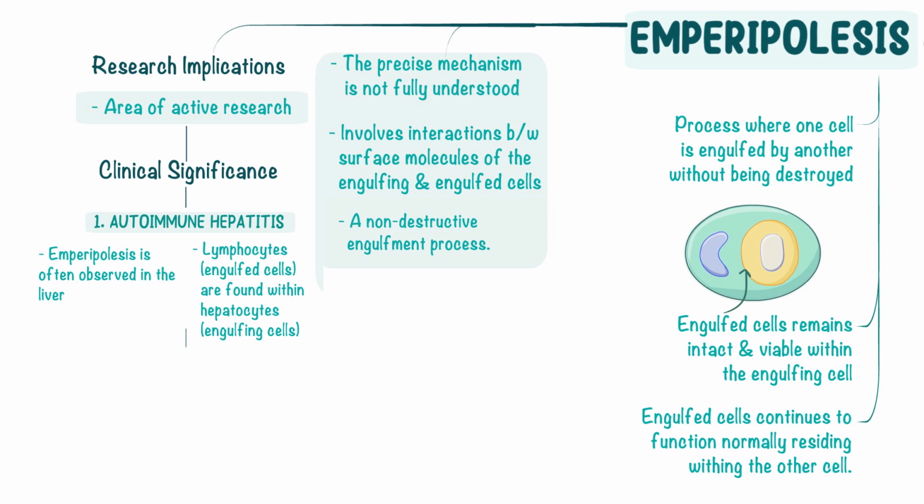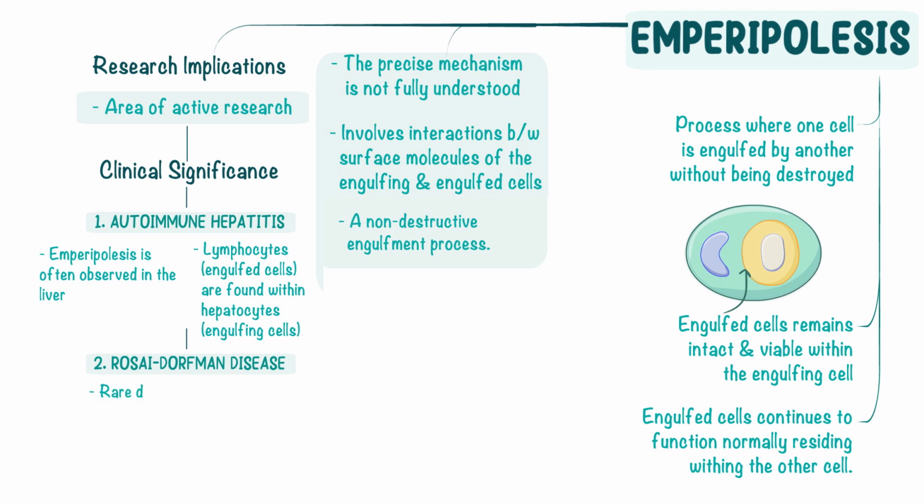This phenomenon is considered a hallmark of the disease and can play a role in the immune response observed in this condition. Rosai-Dorfman disease is a rare disorder characterized by massive lymphadenopathy. In this condition, emperipolysis occurs when histiocytes, which are a type of immune cell, engulf lymphocytes. This phenomenon is one of the key diagnostic features of this disease.